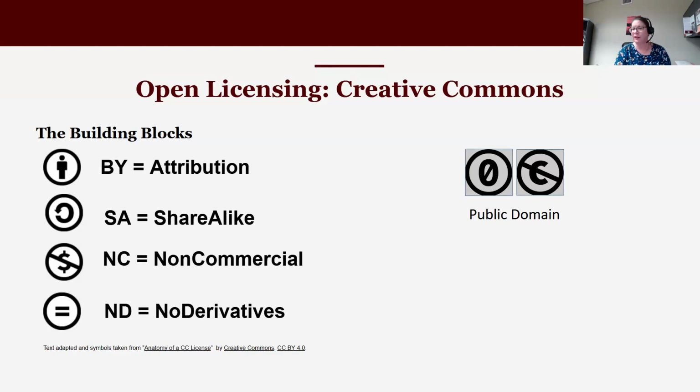Over here on the right-hand side of the screen, you'll see a couple of public domain symbols. So the public domain refers to creative works that are not protected by copyright anymore or never had it in the first place, which means that anyone can use them freely without needing permission from the author. So you will also see that second symbol, which looks like a copyright symbol, except with a slash through it.